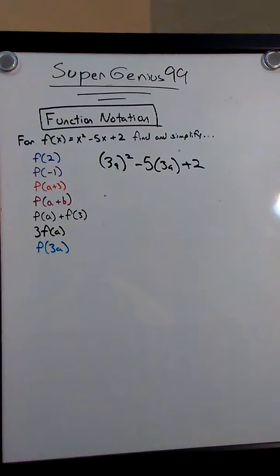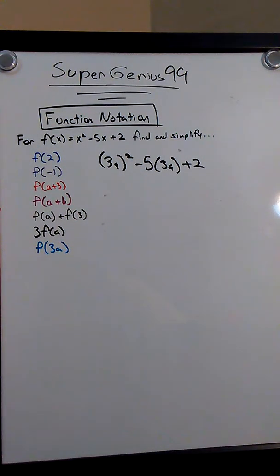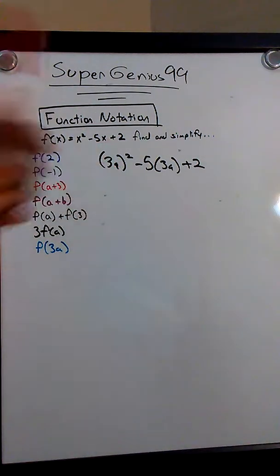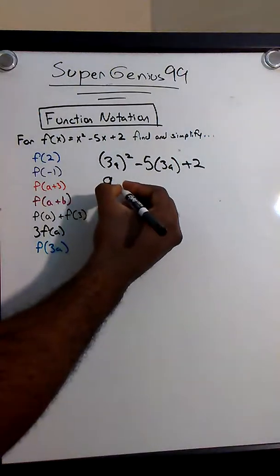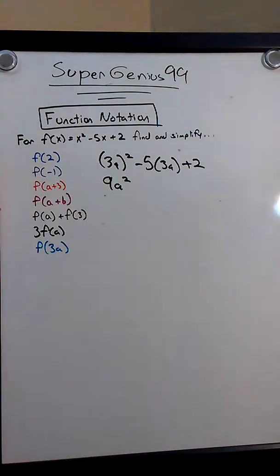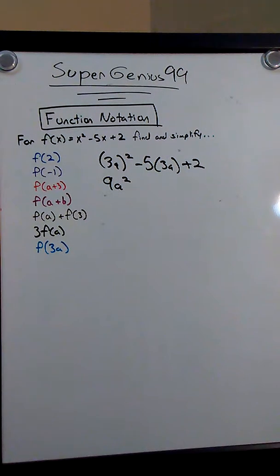Next, so last but not least, f of 3 times a. So wherever in the function you see an x, you're going to replace it with 3 times a. So what is 3a squared? 9a squared.